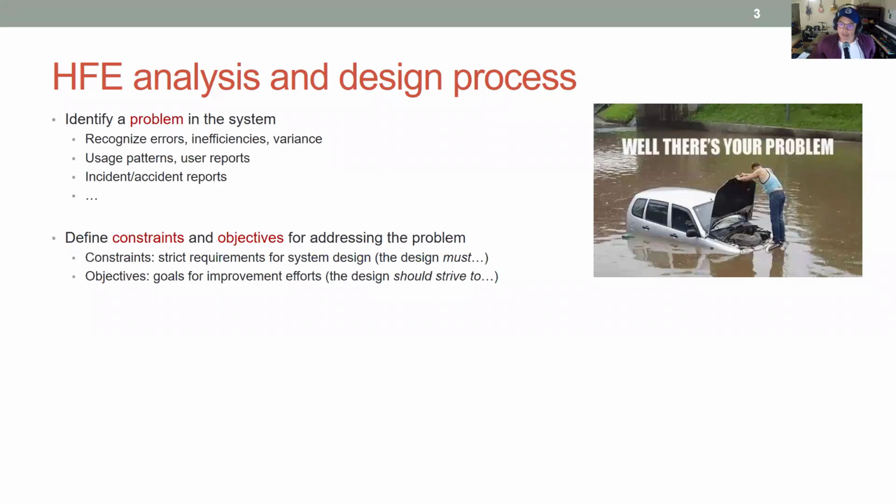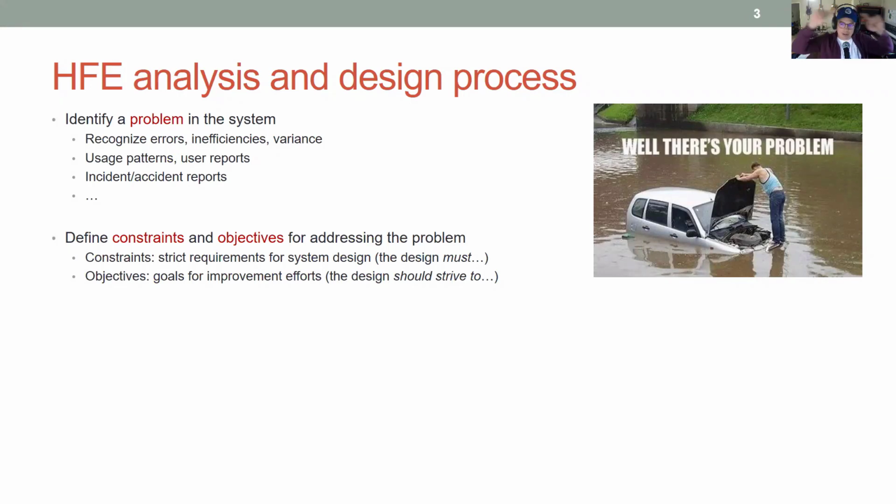Now, once we have our problem, we want to start to conceptually define the system and what our objective is for our analysis. Generally the objective goes with the problem. If the problem is there was an accident, the objective could be to prevent that accident, or the system operating safely and effectively could be the objective.